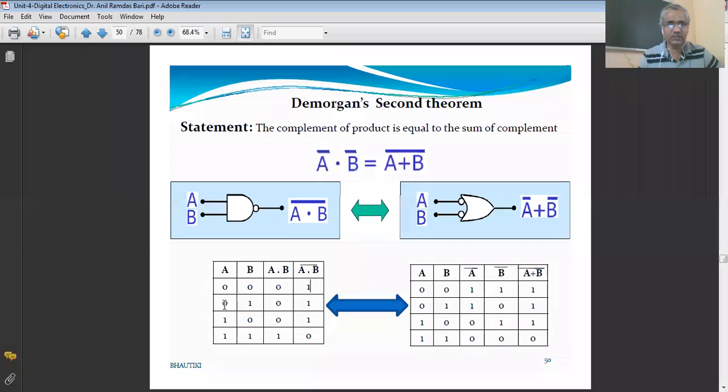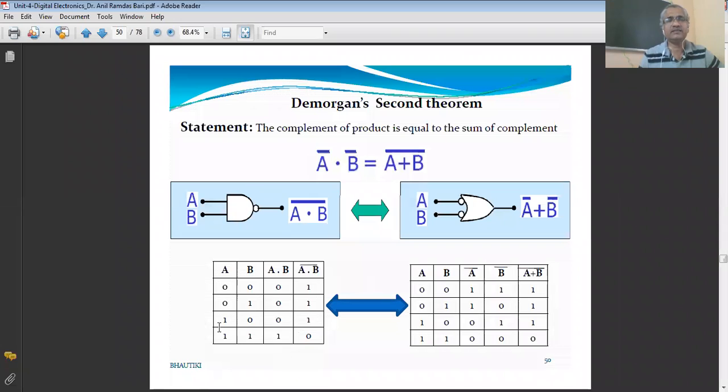Now second condition, A is equal to 0, B is equal to 1, and therefore A dot B is again 0, its complement is 1. Now take third condition, A is equal to 1, B is equal to 0, so A dot B is equal to 0, and therefore A dot B complement is equal to 1.